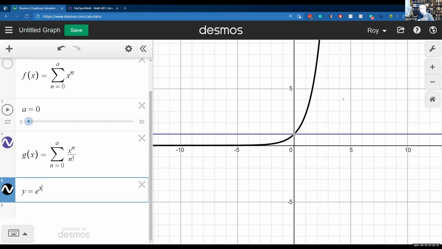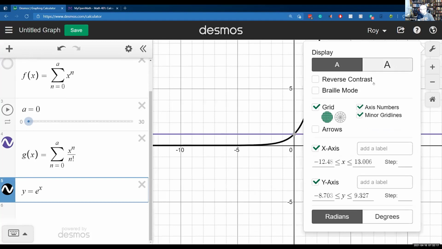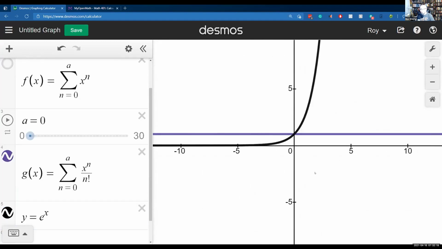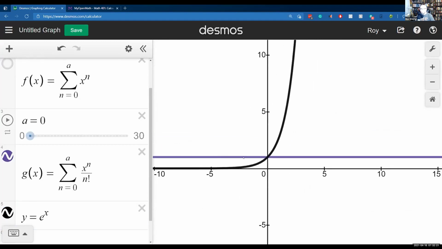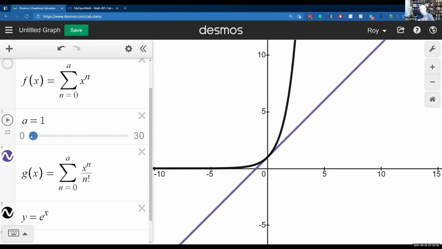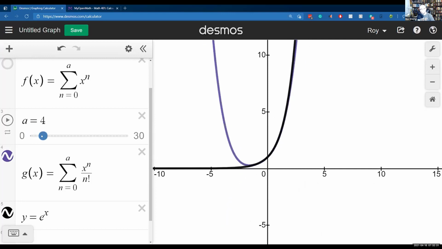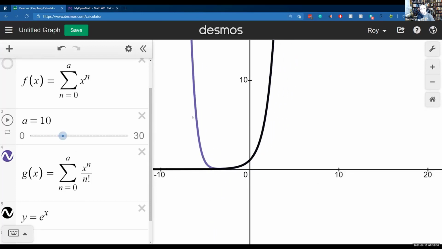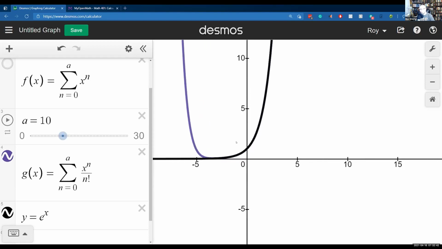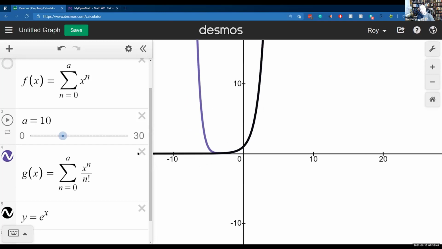You can see right now that purple line is just there because I'm summing up the series from 0 to a equals 0. But if I start moving a to 1, and then to 2, 3, 4, 5, and so on, you can see that our purple curve is really locking itself to e to the x.